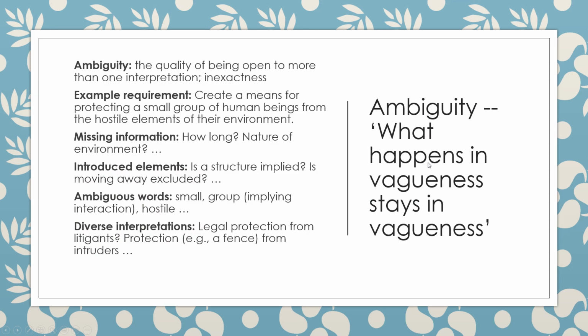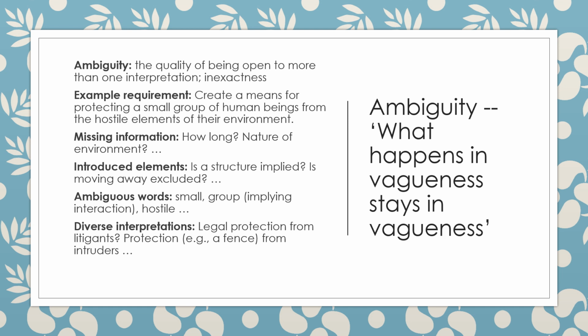So here we're moving away from requirements in general to this notion of ambiguity. When you get a statement, ambiguity means it may be open to more than one interpretation. Maybe it's inexact. The example the authors use: suppose the requirement was to create a means for protecting a small group of human beings from the hostile elements of their environment.